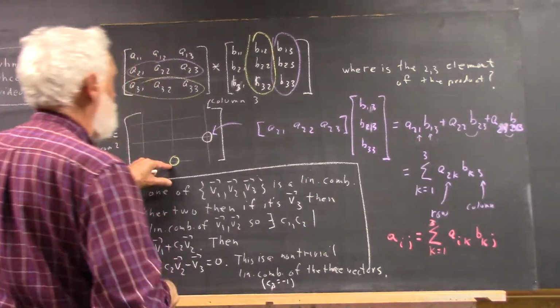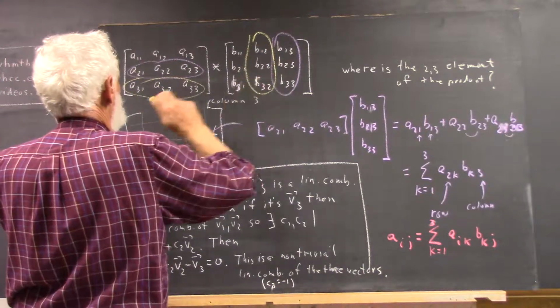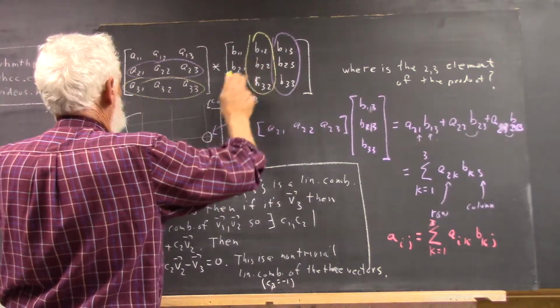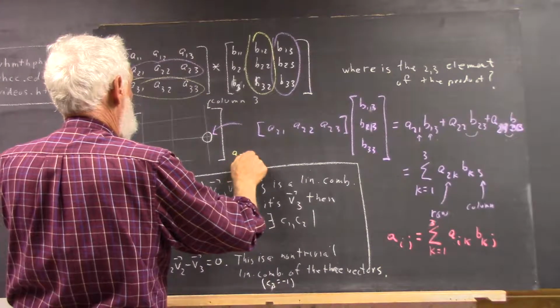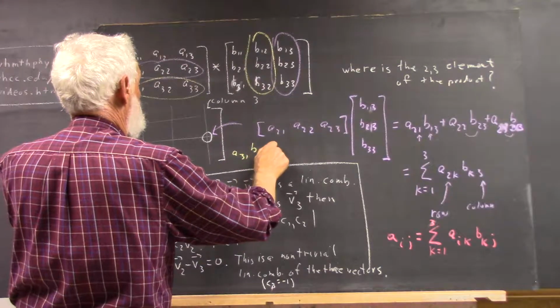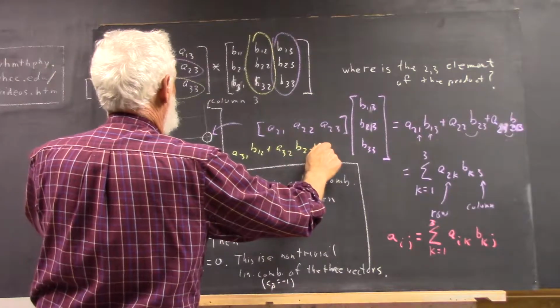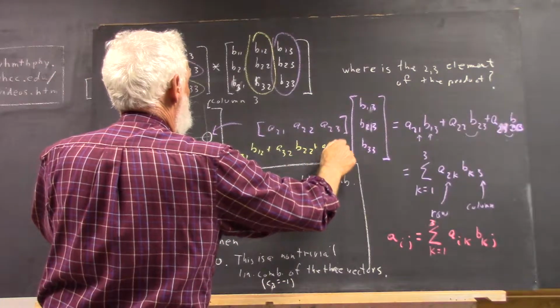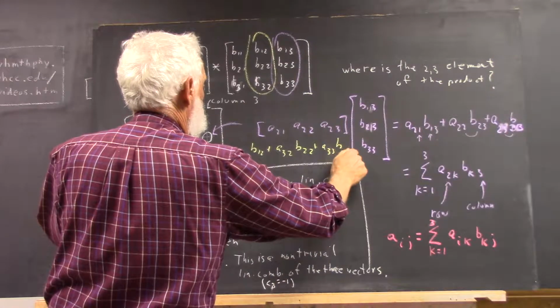And that's going to go here, and that's going to be what? This row times this column is A31, B12, A32, B22, A33, B32. So this would be A31 B12, plus A32 B22, plus A33 B32.